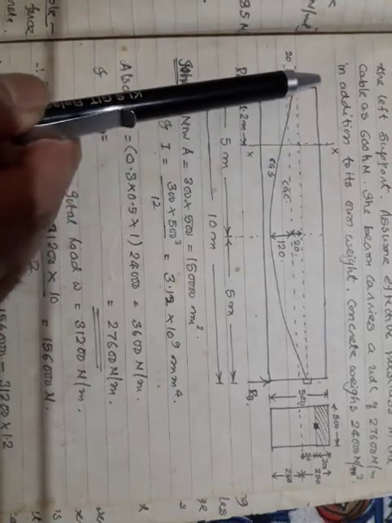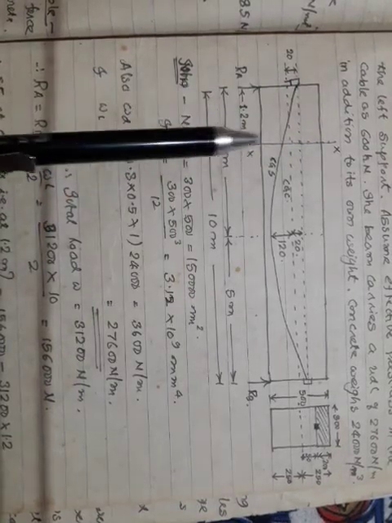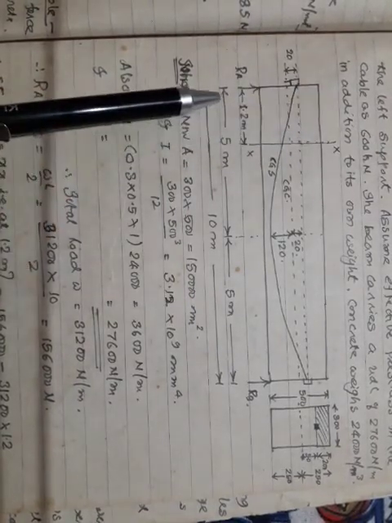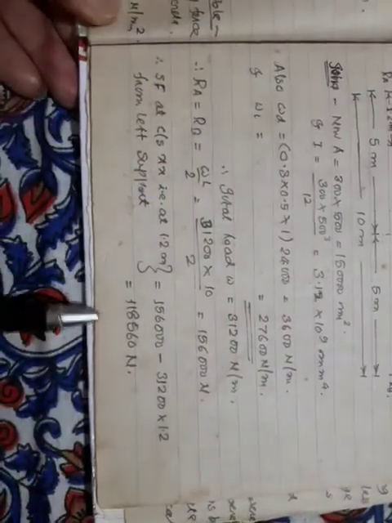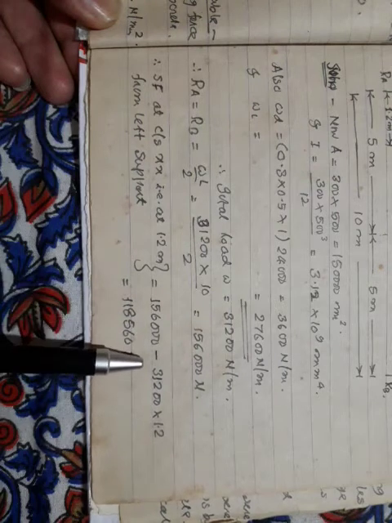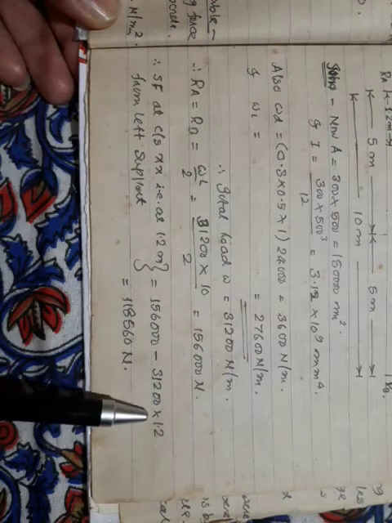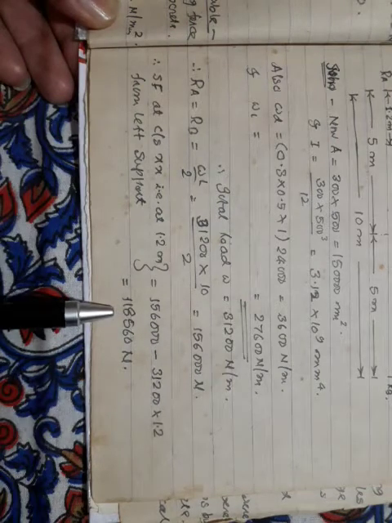The intensity is 31200, into 1.2 will give me the total load. So the shear force at section XX is RA minus 31200 into 1.2, which is so much.